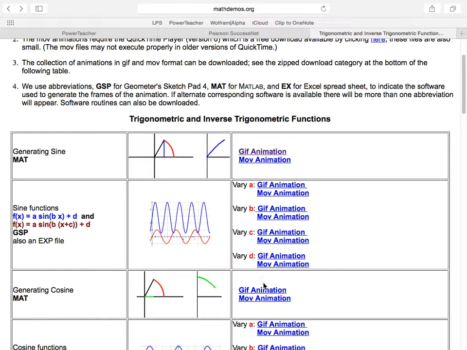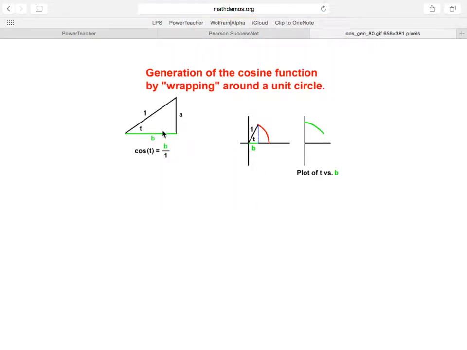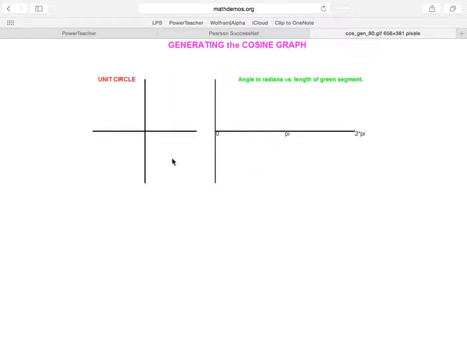How about cosine? Cosine, again, is the base or run or x values. And the cosine is the base over 1. So the graph of cosine is reflecting the length of the base. The length of the base started out with 1, and it gets shorter and shorter towards 90 degrees, and it starts getting longer and longer to the left, which is the negative side.